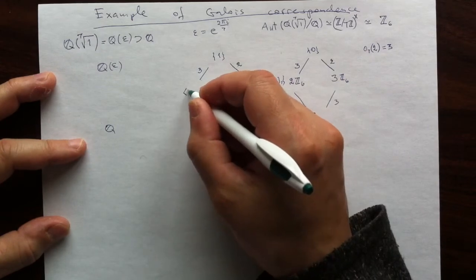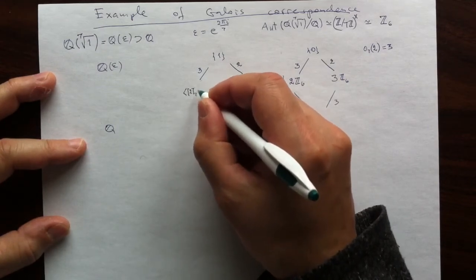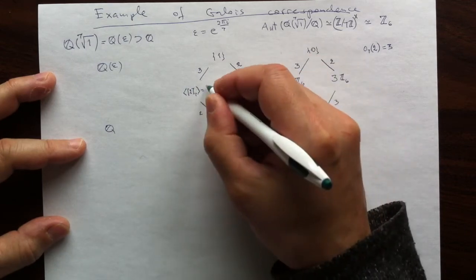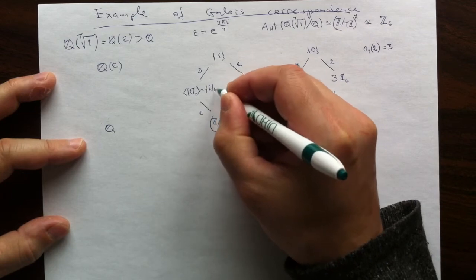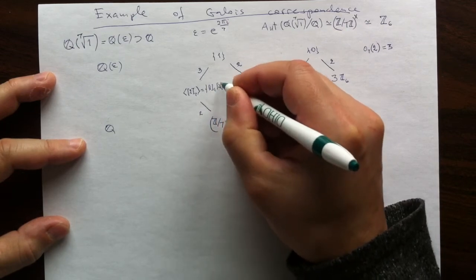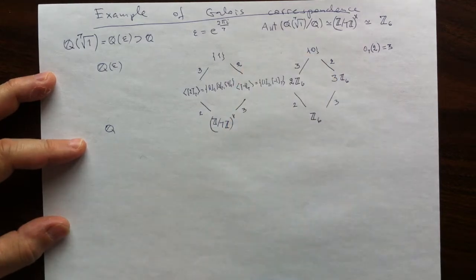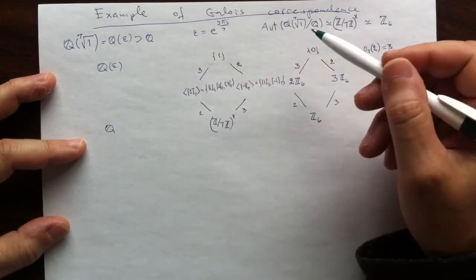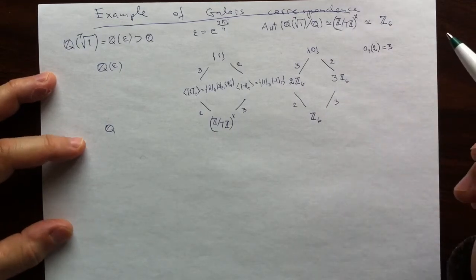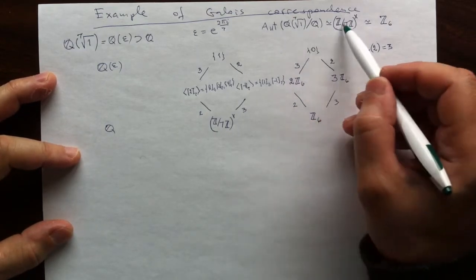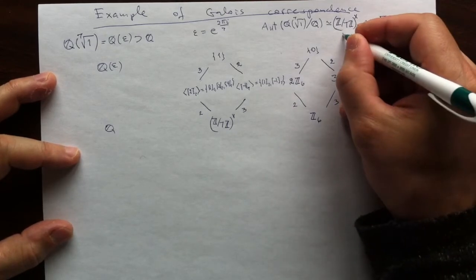So this answer is just the cyclic group generated by the class of 2 mod 7. And explicitly it consists of 3 elements: the class of 1 mod 7, the class of 2 mod 7, and the class of 2 squared, which is the class of 4 mod 7. So this is the complete lattice of subgroups of this symmetry group, and then the identification between the labels and actual symmetries is as follows.